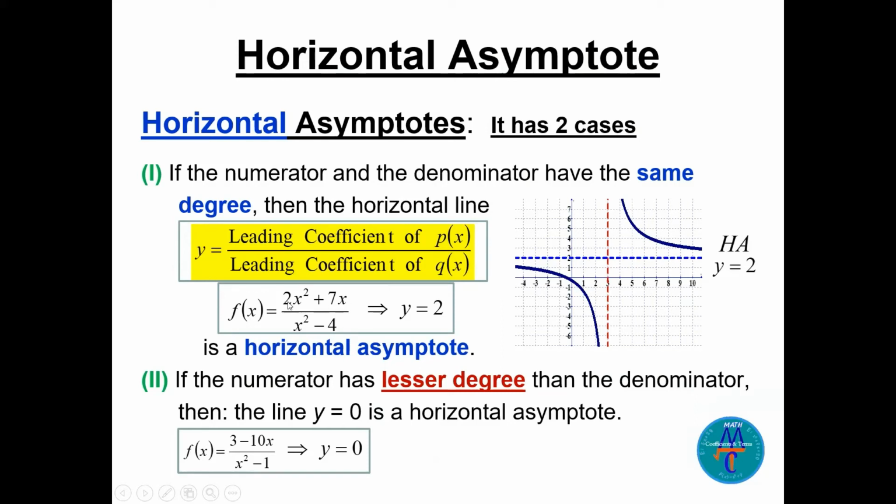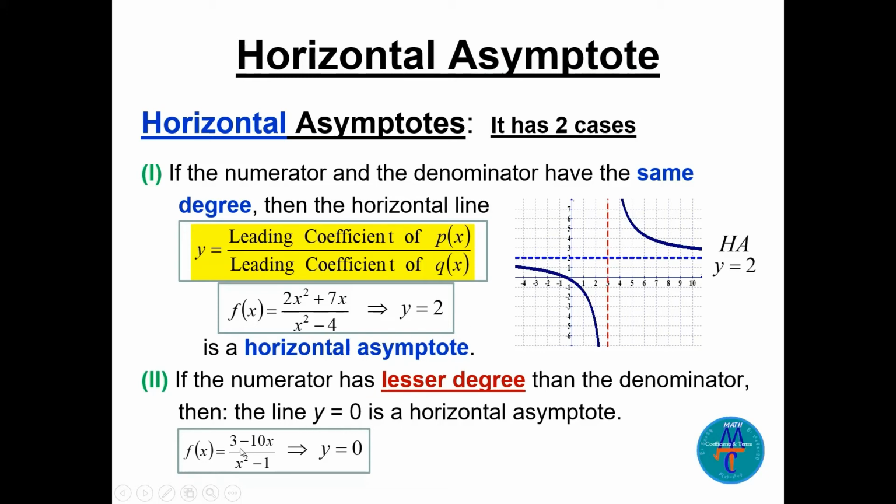If you look at this rational function, 2x squared plus 7x divided by x squared minus 4, see the same degree up and down in p of x, q of x. So you take only the leading coefficient, 2 divided by 1, which will be y equals 2. That will be the line, we call it horizontal line. You can go to lecture 39 if you need more examples in detail.